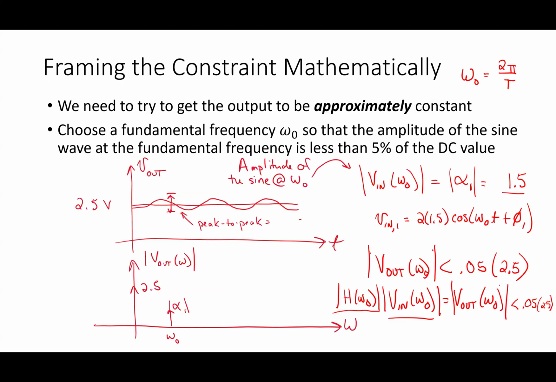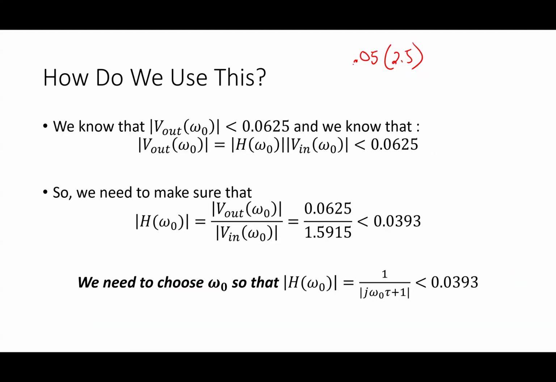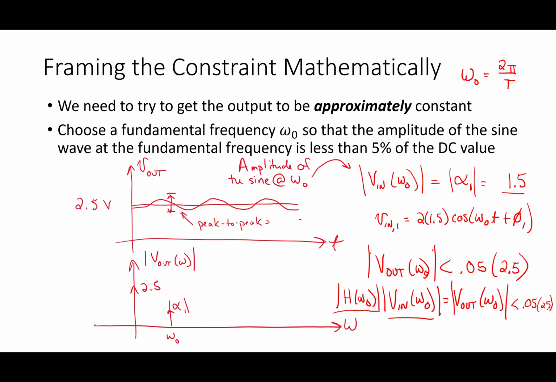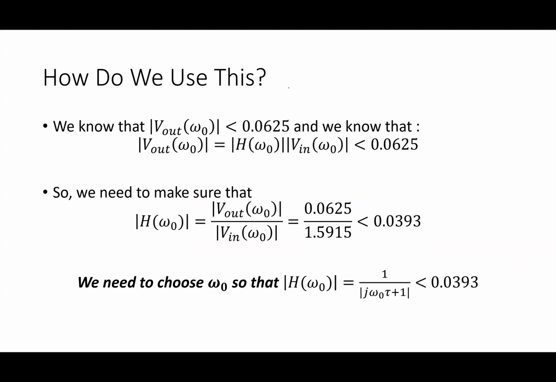Let's just do it here. So if we do 0.05 times 2.5, that works out to be essentially 0.0625. So the constraint that we have is basically that.